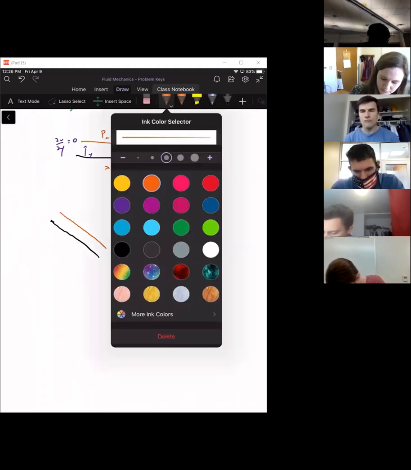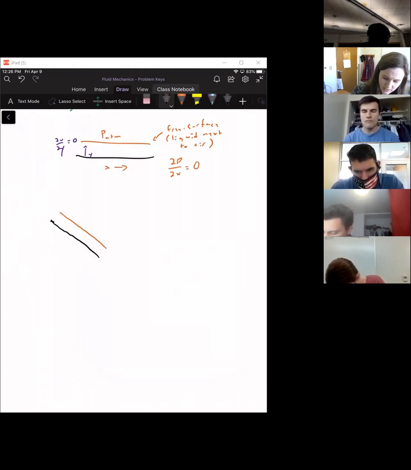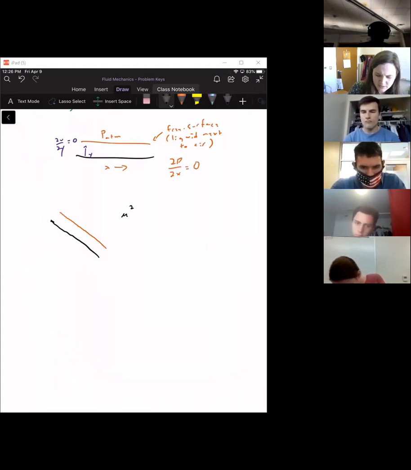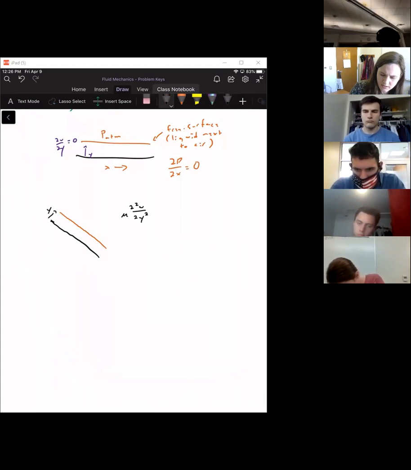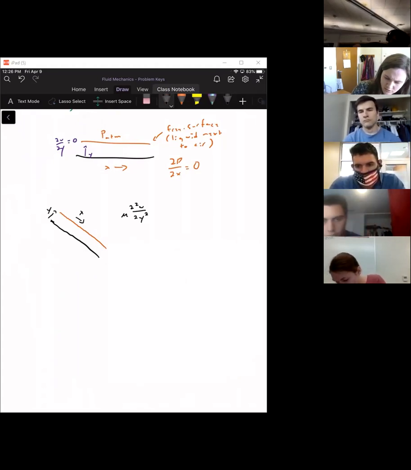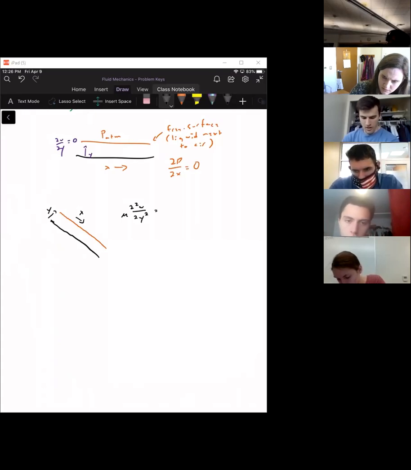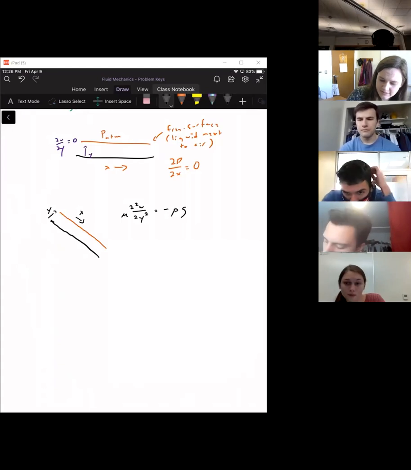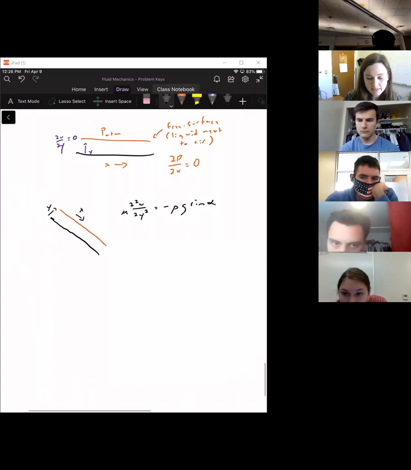And you should have found something like d squared u dy squared, where this is y and this is the x direction, is equal to negative rho g sine alpha. That was it.